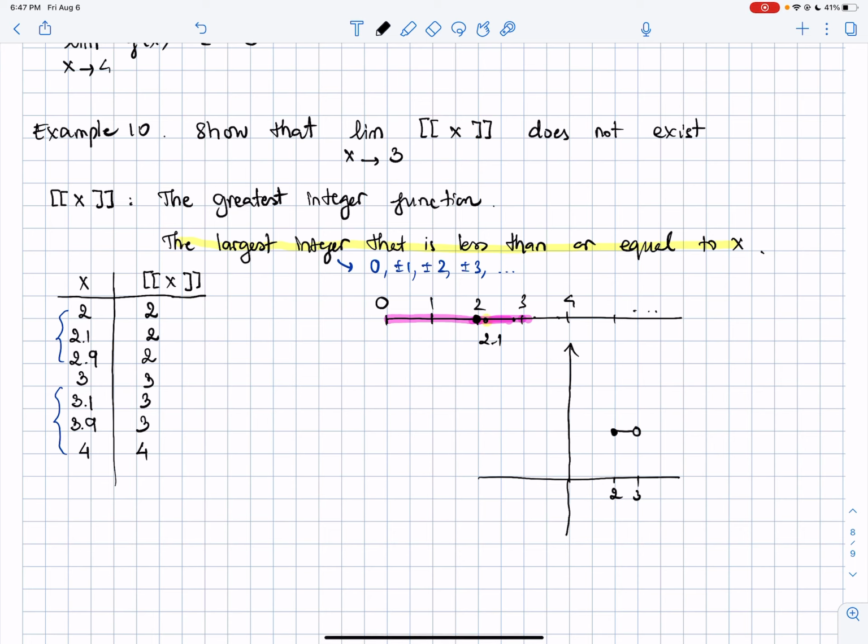And when we have 3, the output will be 3. And when we have 4, the output will be 4. If you continue from this, you are going to have a step, like a stair, like this, and so on.